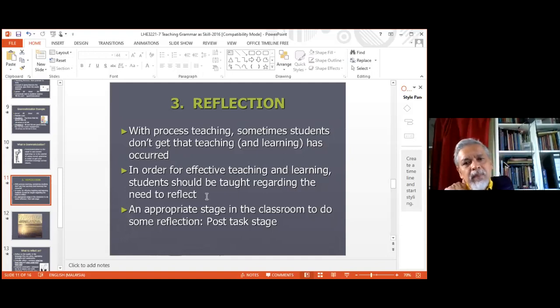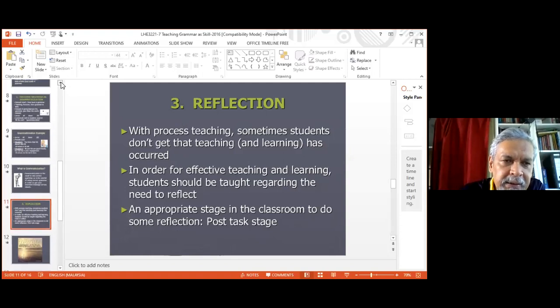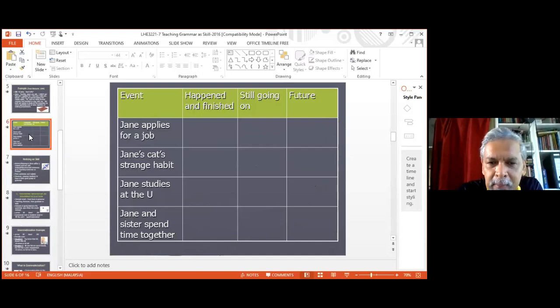An appropriate stage in the classroom to do some reflection is the post-task stage. Post-task stage is after they have done the task, after they have completed the task. After they have completed everything, the teacher can say, I want you to think about the answers that you gave.